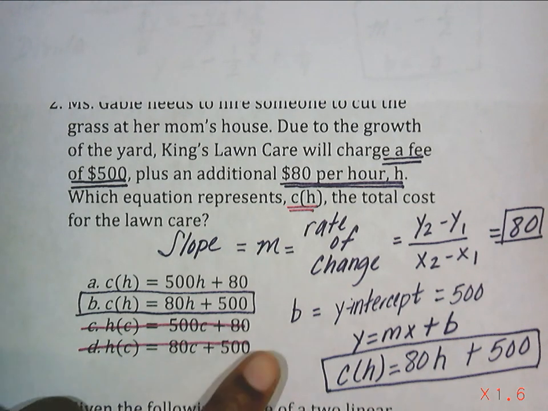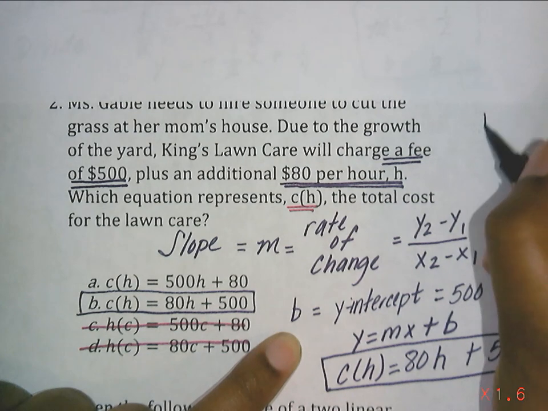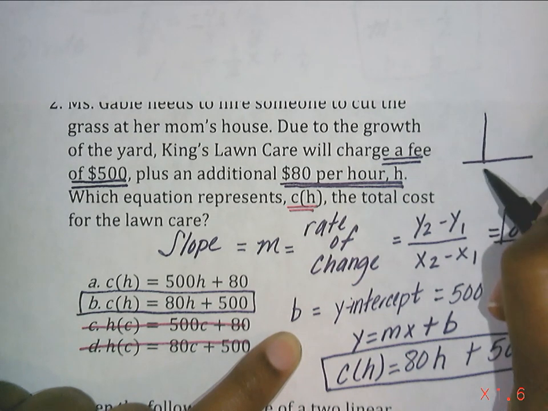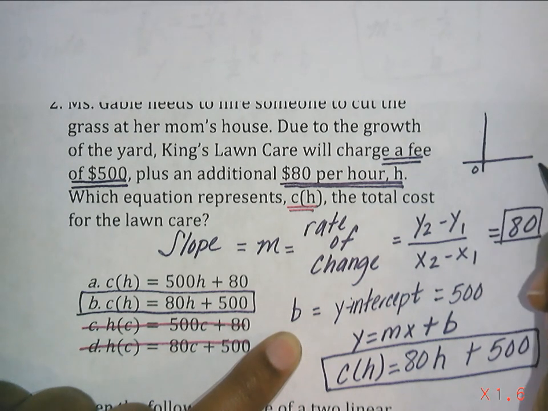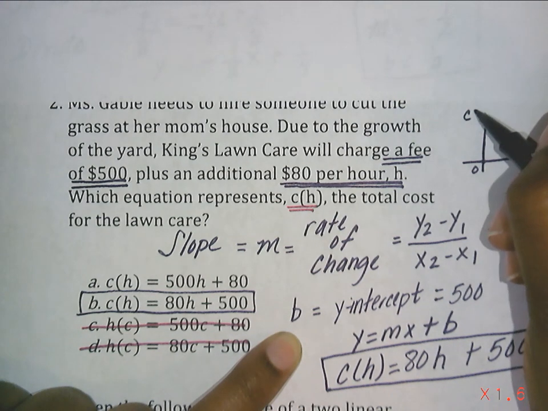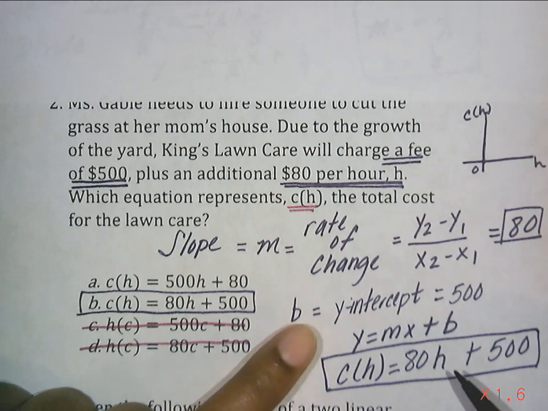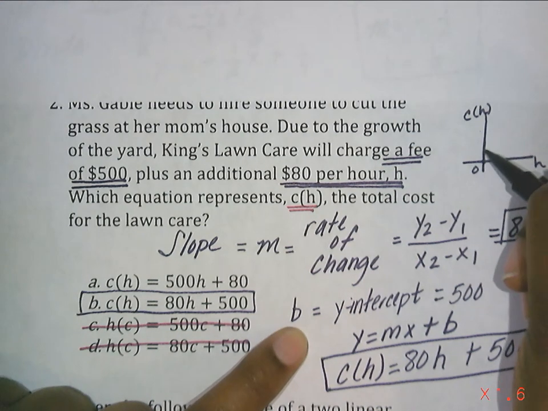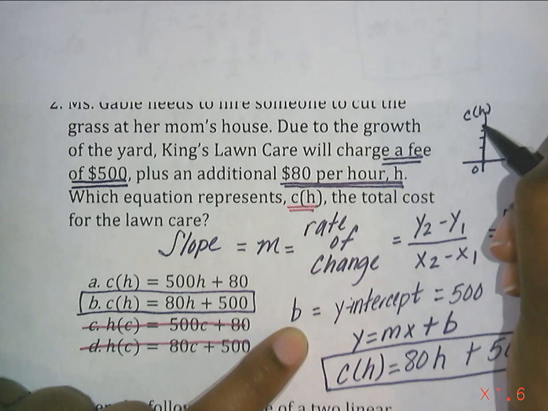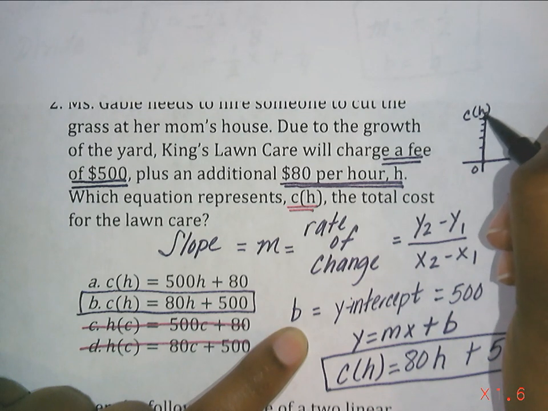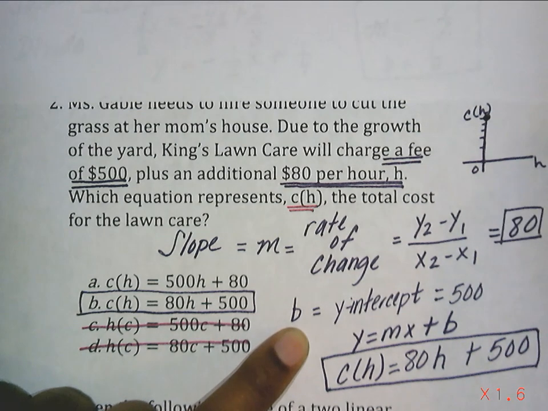Okay, I call the y-intercept B because look here, if this is my origin, this is my hours, and this is my cost per hour. In the very beginning, if I said that this is 100, 200, 300, 400, 500, no matter what, I'm paying them $500.